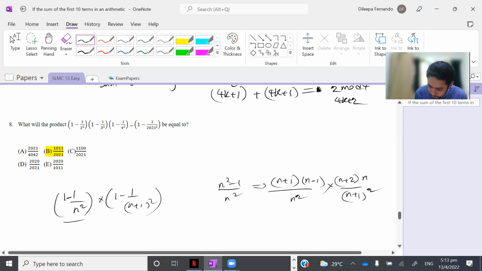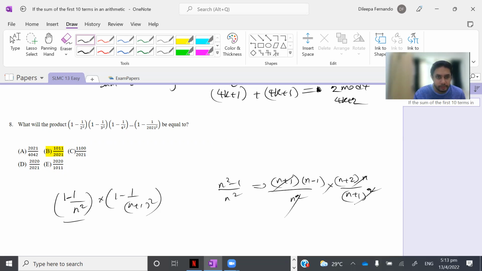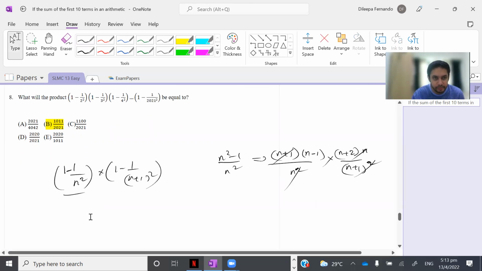You can find that one n can be cancelled out here. And if you write it in a specific way, you can see you have a star of 2.